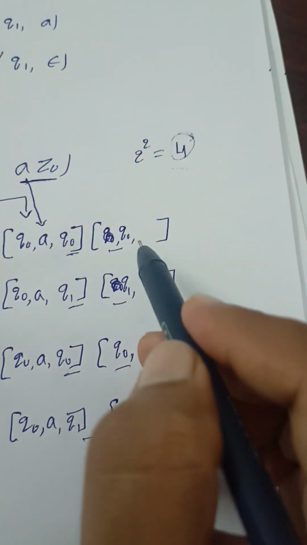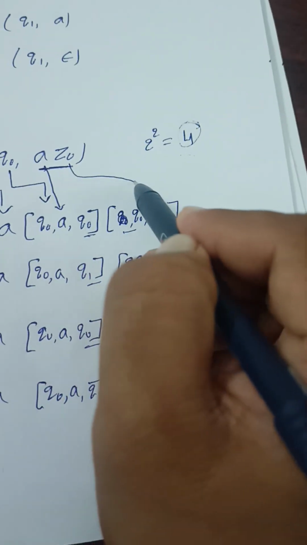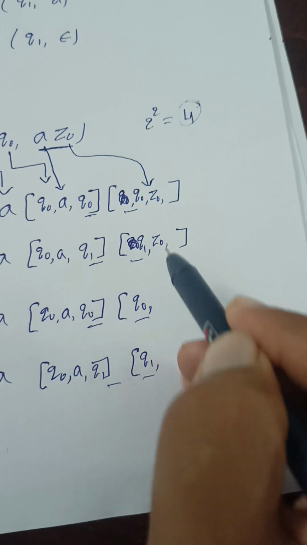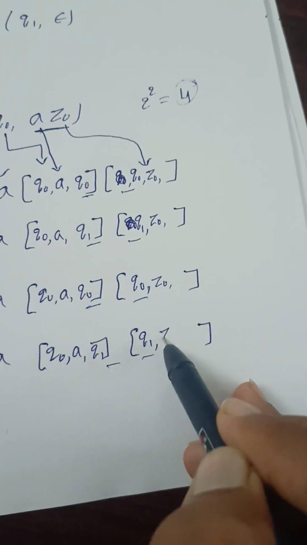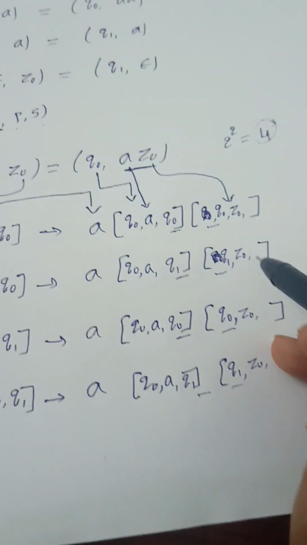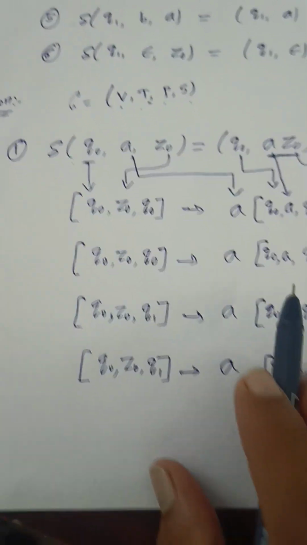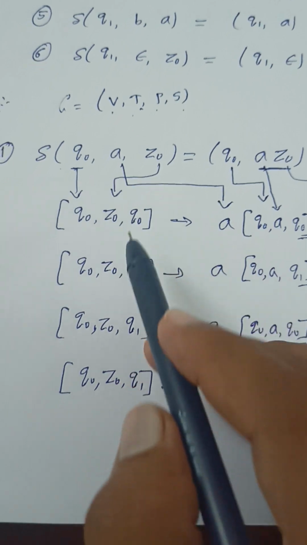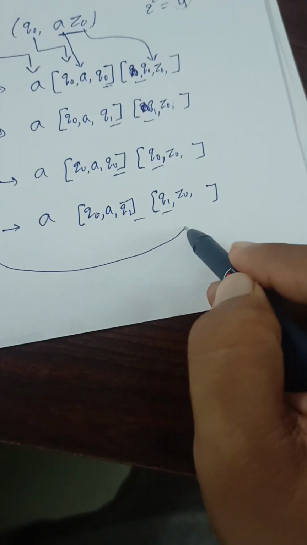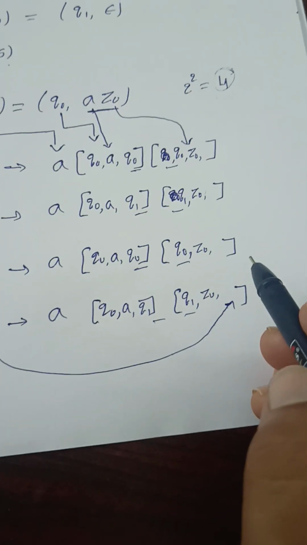Now the middle field is this one, z0, z0, z0, z0. To fill the third field, whatever we write in the left hand side third field, the same we will write here.